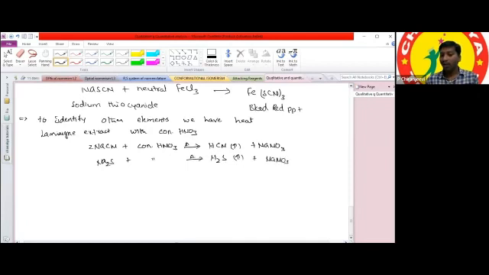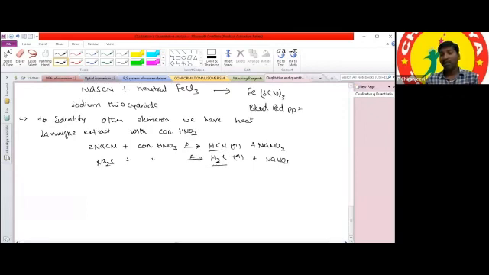That means we have to remove the nitrogen and sulfur from the lysine extract by heating with concentrated nitric acid. Nitrogen comes out in the form of hydrogen cyanide gas and sulfur comes out as hydrogen sulfide gas.